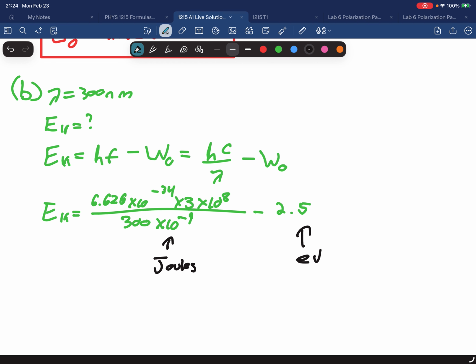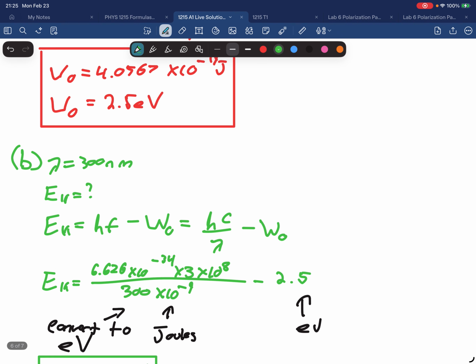So I'm going to be converting this left-hand side to electron volts here. When I convert, just like I have been so far, I end up getting an answer of 1.6 electron volts.